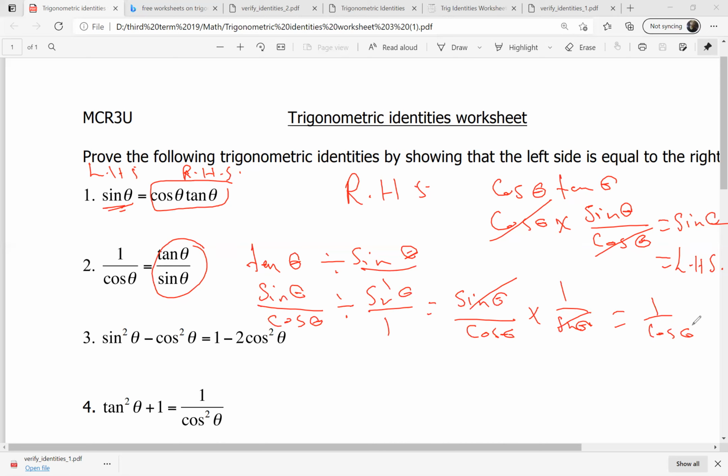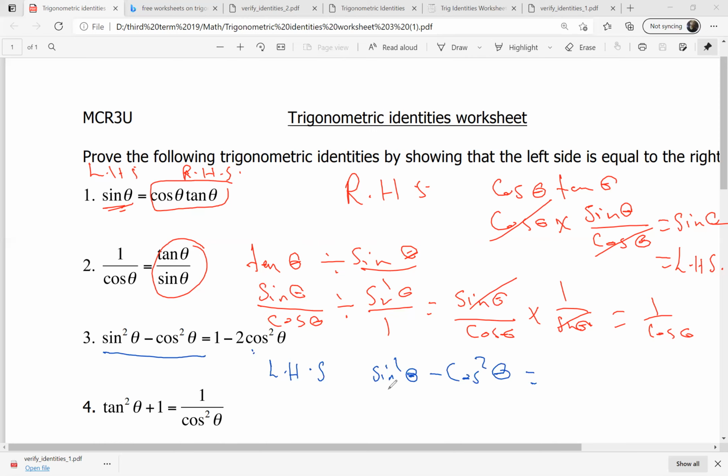Number 3, you can use this side and finish at this one, or the inverse. I'll take the left hand side, for example, which is sine power 2 theta minus cosine power of 2 theta. You don't need anything about sine. You need everything about cosine.